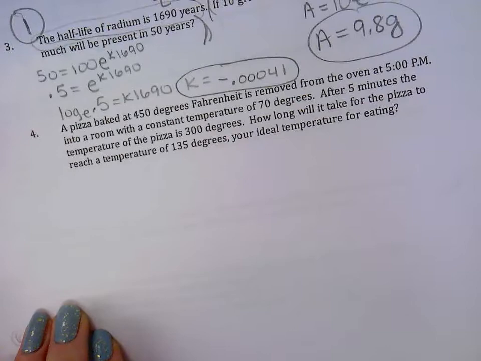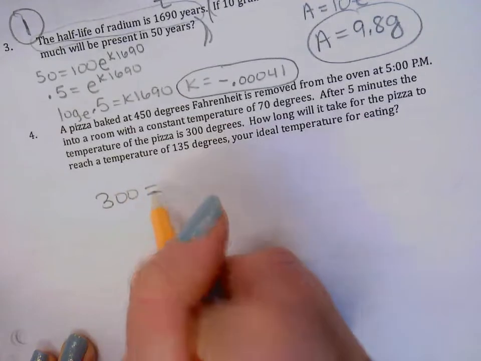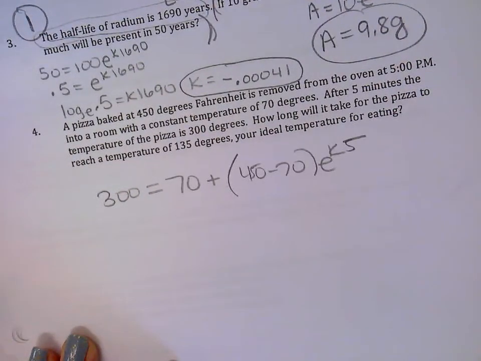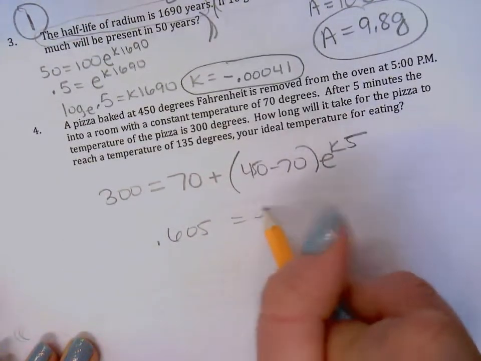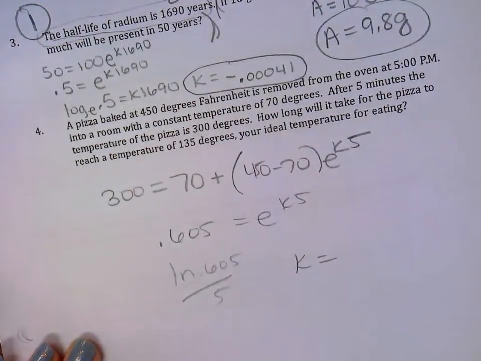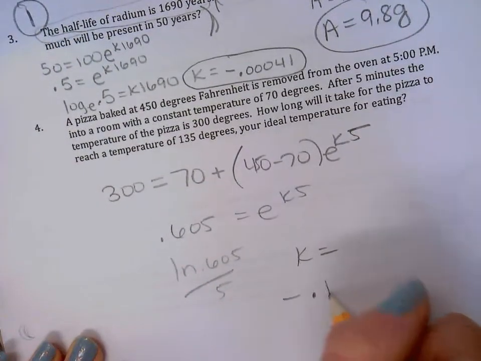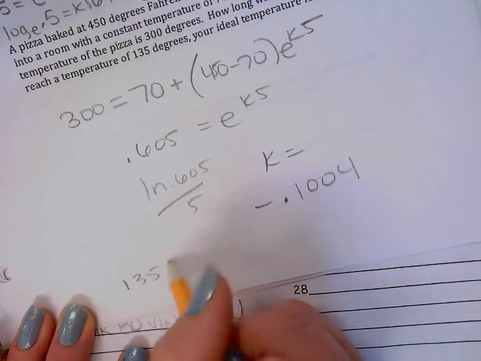All right, now we're going to try number 4. We're cooling to 300. Now we're solving for K in this problem. K comes out to negative 0.1004, and then you need to resolve to get to 135.